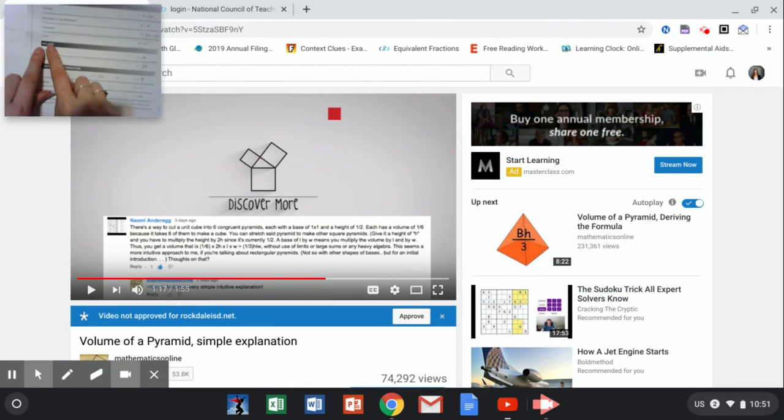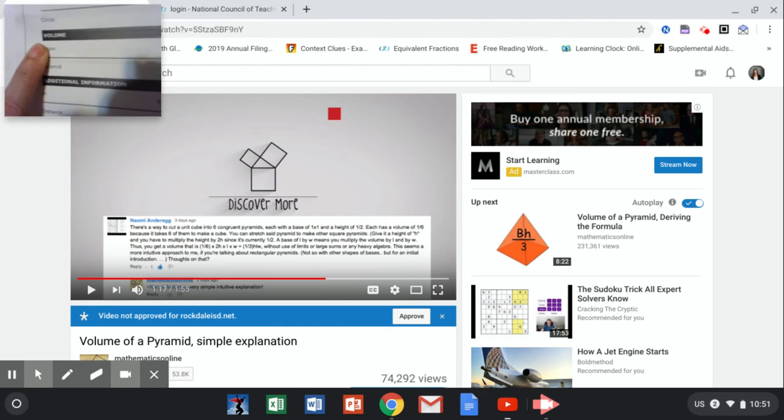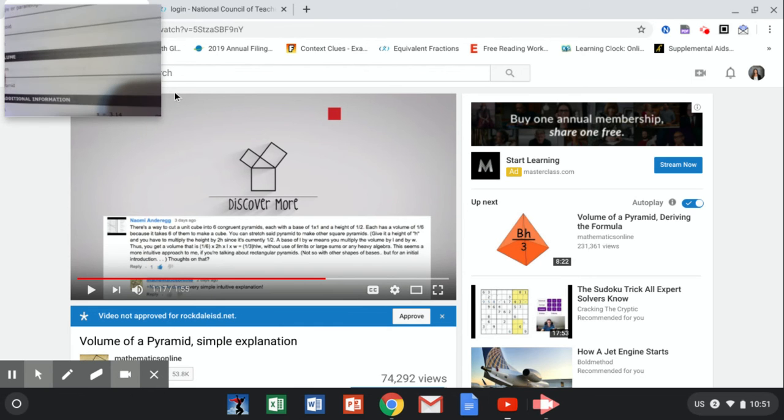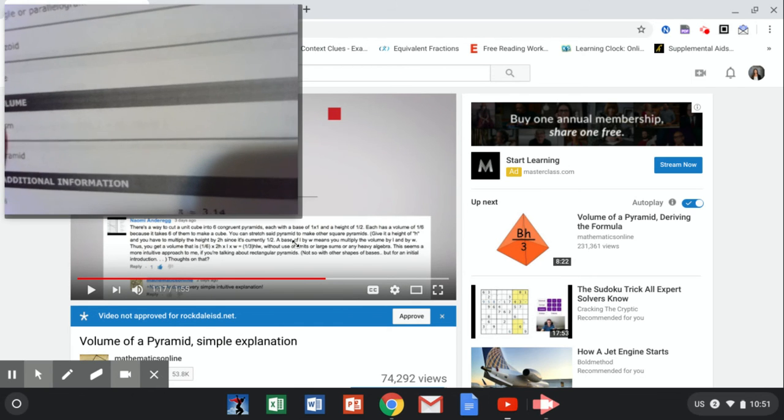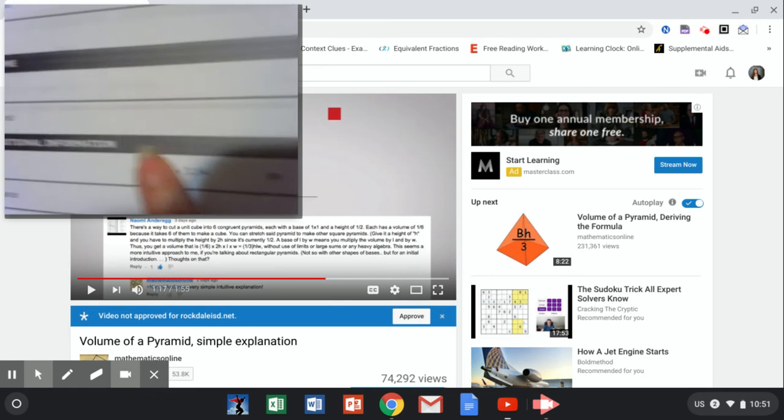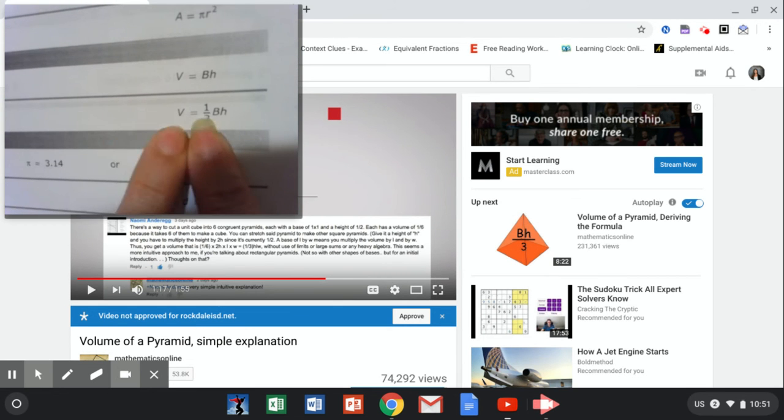Okay. So the reason I want you to understand that is if we look at the formula for a pyramid, right? Volume, zoom this in. So volume of a pyramid, if I come over here, its volume equals 1/3 the base times the height. Again, the base, that capital B means area of the base. So multiplying something by 1/3 is the same as just dividing.